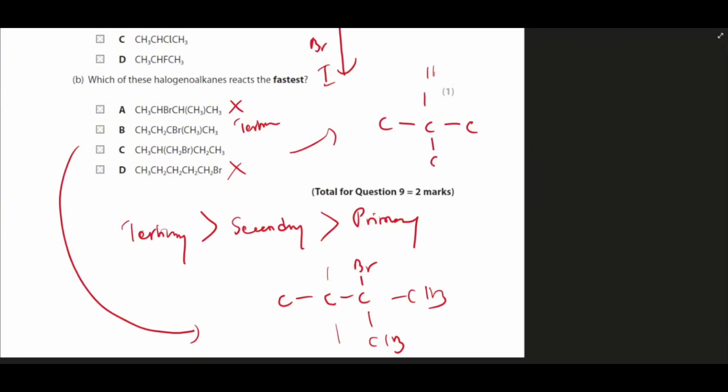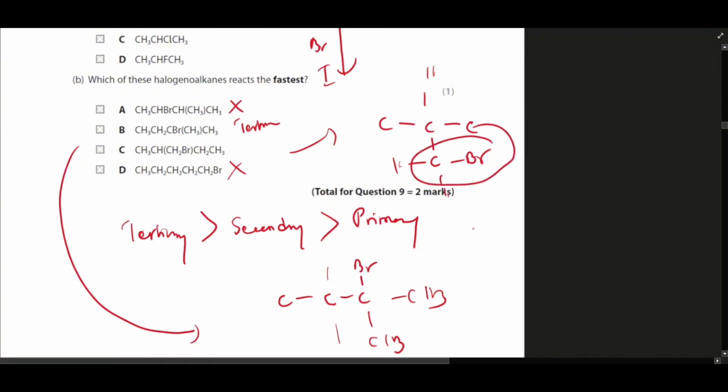Then with this C, I guess CH2Br, this is primary. So the correct answer will be C. No, not C. Sorry, B, B, B. Yes, because it's tertiary.